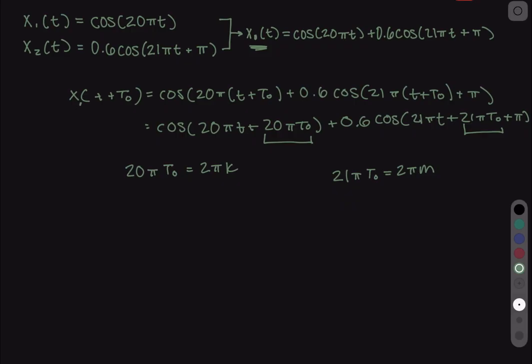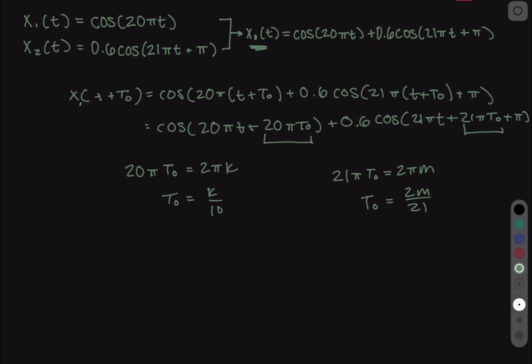So then all we need to do is solve for t naught for both equations. On this side, we wind up with k over 10, and on the other side, we wind up with 2m over 21. And the goal is to get these ratios to equal each other. These numbers are a little wonky, so you'll likely have something much simpler to work with on an exam or homework, but it turns out that the only way these ratios equal is if you cancel out the nasty 21 in the denominator.